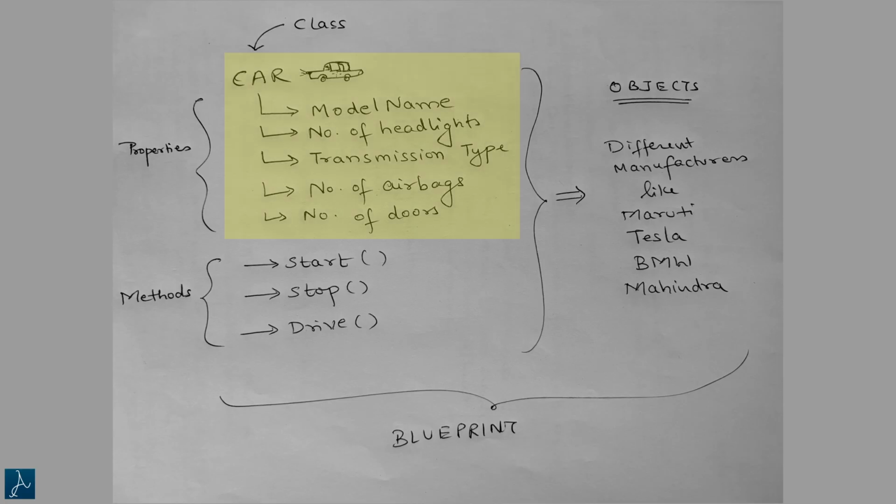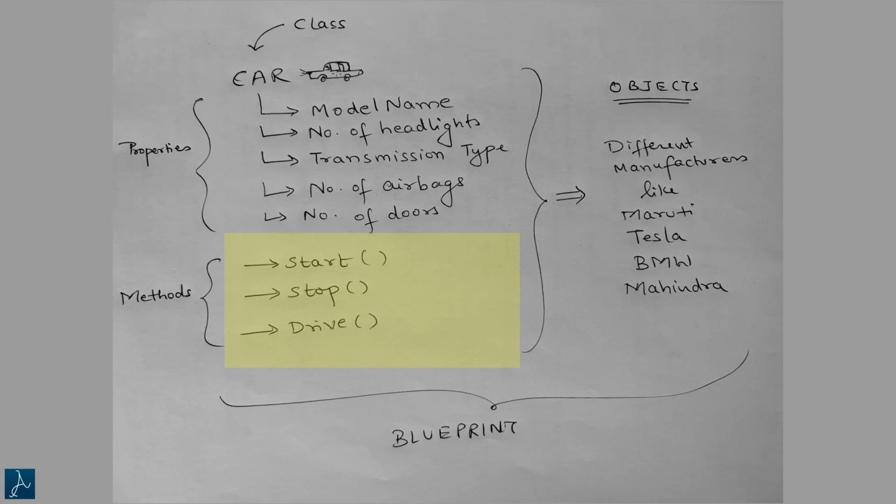It can have a model name, it can have a property called number of headlights, it can have another property called transmission type, it can have one more property named number of doors and number of airbags. The same car class can have the following methods: start, stop, drive. These three can be methods associated with the class.